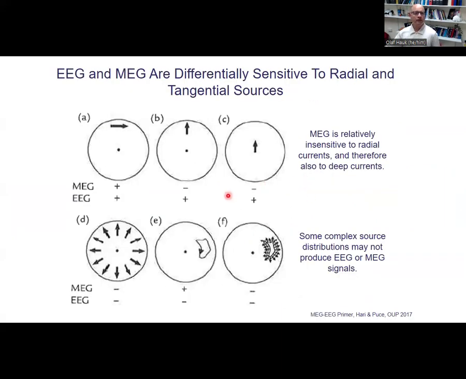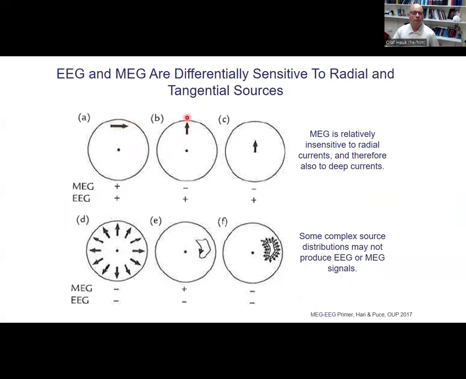We saw this slide already. So this presents some differences between MEG and EEG in cartoon fashion. So imagine the head is a sphere. Then both MEG and EEG pick up signals from tangential sources, that means parallel to the scalp or the skull surface.